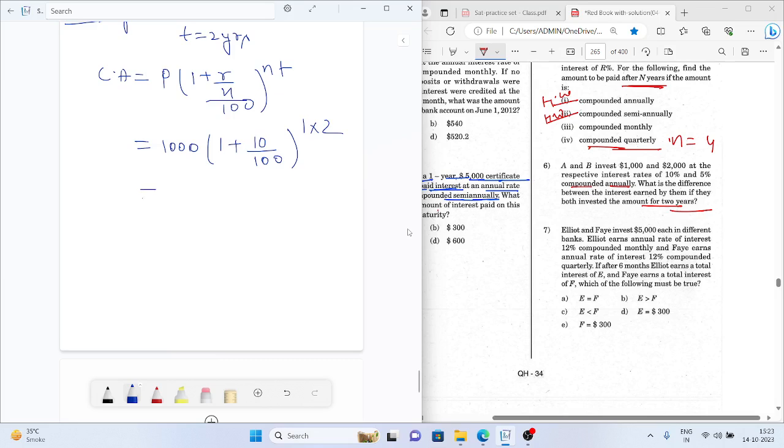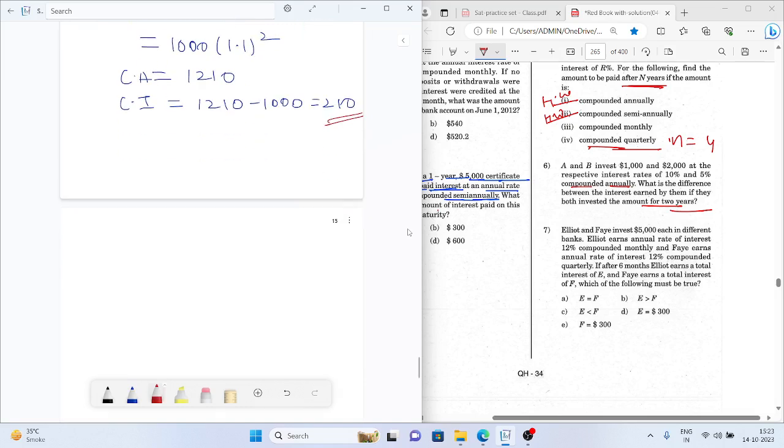So from here you get 1210. This is the compound amount, so the compound interest is 210.